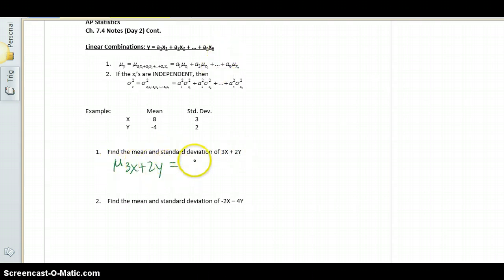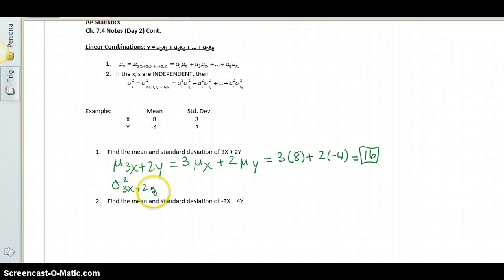What this says up here is you take 3 times the mean of x plus 2 times the mean of y. So for the mean, we're going to do 3 times the mean of x, which is 8, plus 2 times the mean of y, which is negative 4. When you add those together, you get 24 minus 8, which is 16. To find the standard deviation, you need to first compute the variance. So that's going to be 3 times the standard deviation of x, squared, plus 2 times the standard deviation of y, squared.